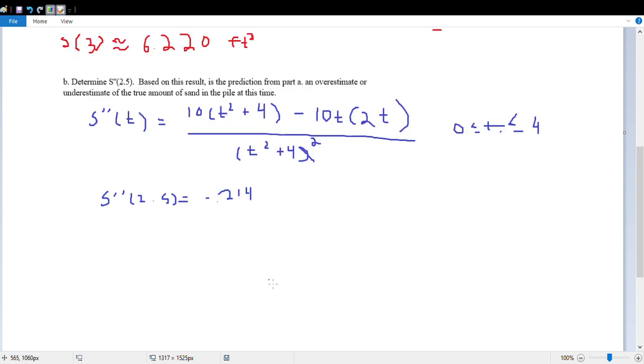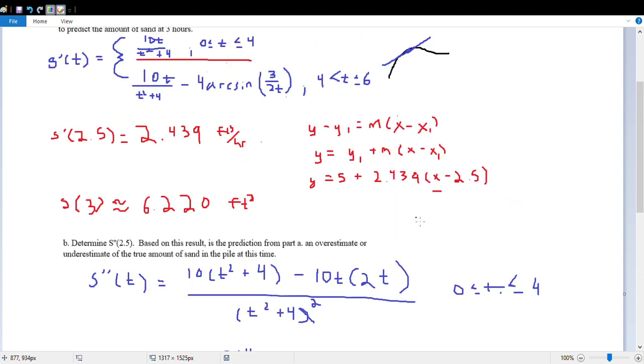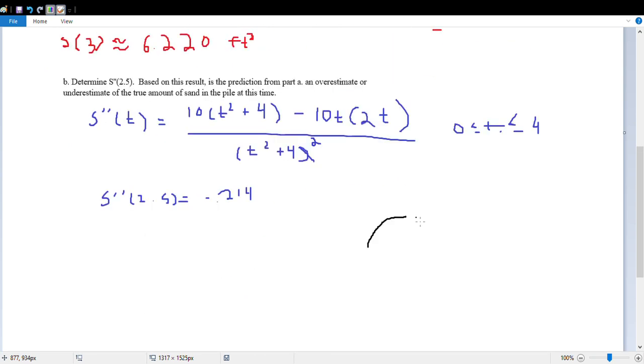So let's take a look at this graphically. We could think about it in terms of velocity or acceleration, but I kind of just prefer to think about this graphically. At 2.5, whatever this equation S is, and we don't know it, we do know that it was increasing because S prime at 2.5 was positive, but we know that it's concave down. So that means that it's kind of shaped like this, increasing but concave down. So it's increasing but at a decreasing rate of increase.